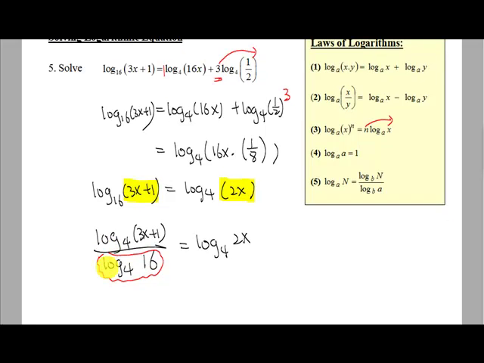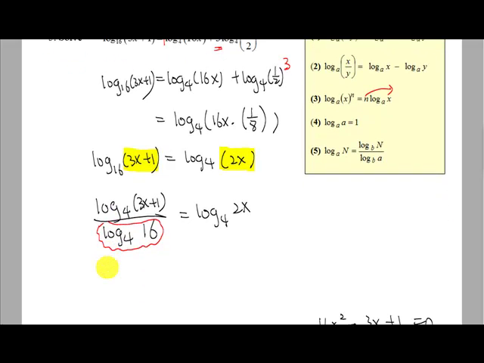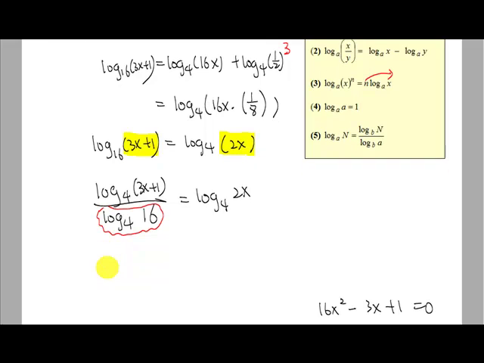Log 4 of 16, can I simplify this expression? Yes. Log 4 of 16 I can rewrite as log 4 squared, and the 2 I can bring down by applying this logarithm law. Let me put back this equal to this expression.